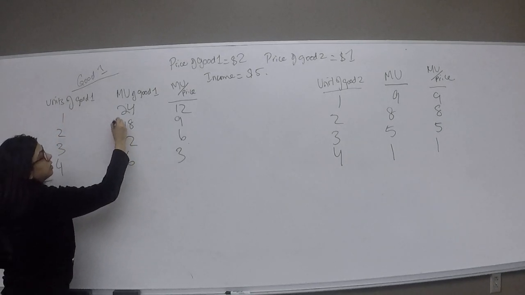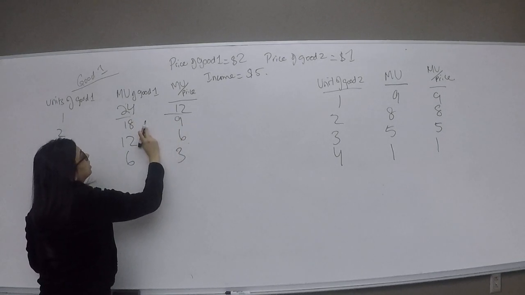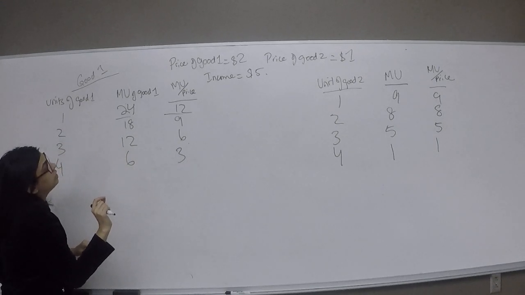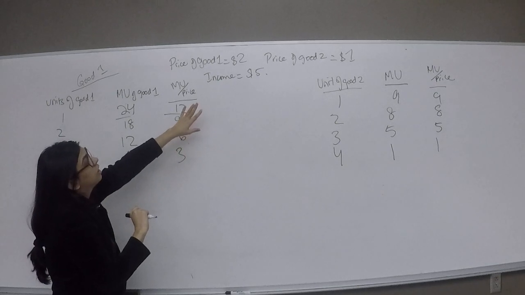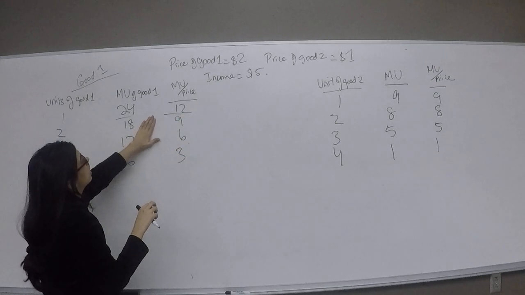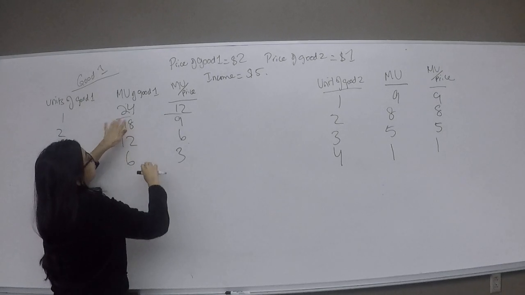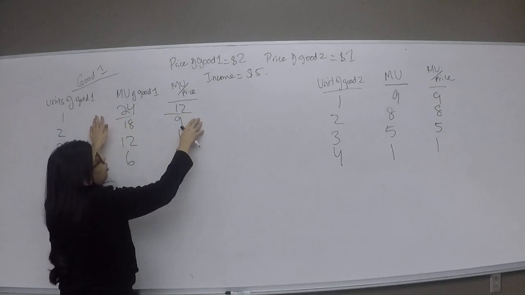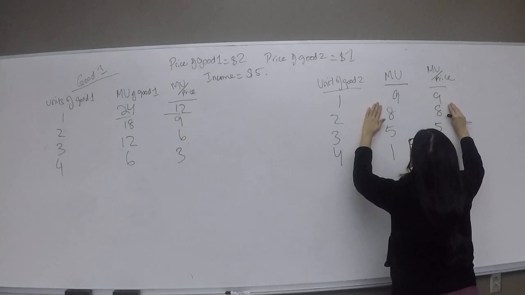Good 1, because the marginal utility per price, 12, is greater than 9. The price of good one is actually $2, so the first $2 they're going to spend on good one, because the marginal utility and marginal utility per dollar are both greater than for good two.